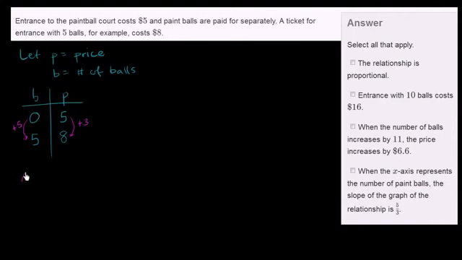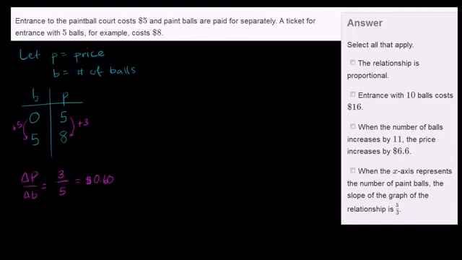So we could say our change in price over the change in the number of balls is equal to, our change in price is $3 when our change in the balls is 5. You could view this as your unit price per ball, your unit rate of change of price per ball. This is going to be 60 cents per ball.